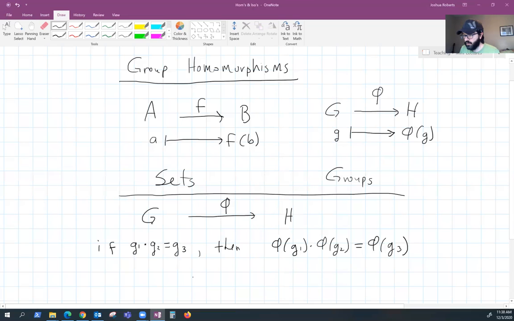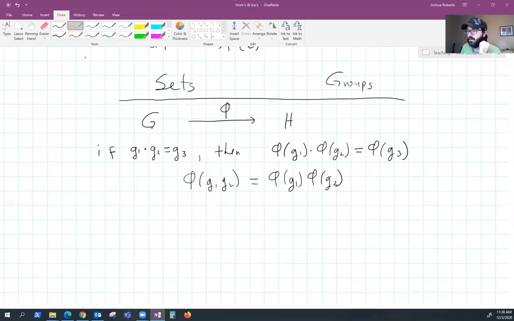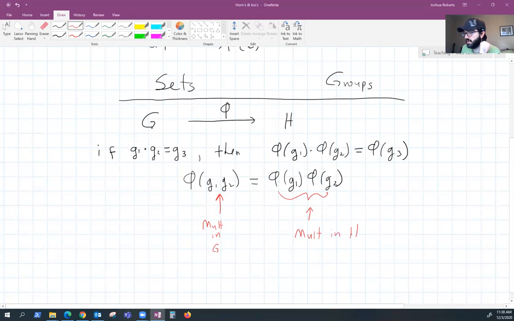This is what we mean when we say that homomorphisms satisfy the property that phi of G1 times G2 is phi of G1 times phi of G2, where on the left, inside the parentheses, this is multiplication in G, and on the right, this is multiplication in H. So that's what I'm getting at: if G1 times G2 equals G3 in G, then phi of G1 times phi of G2 equals phi of G3 in H. This is the intuition behind what a homomorphism actually does.